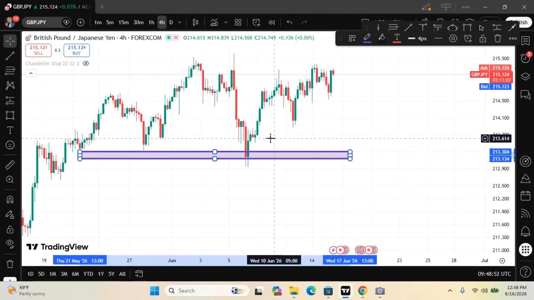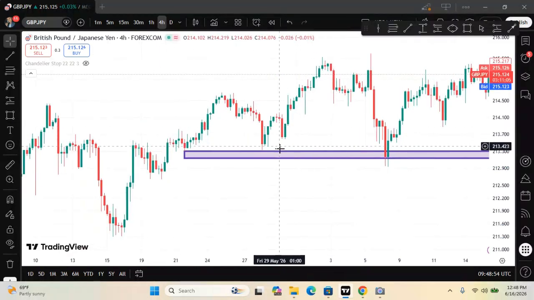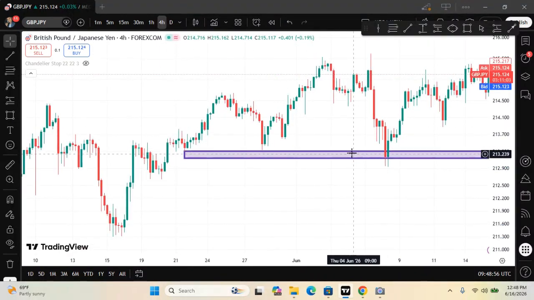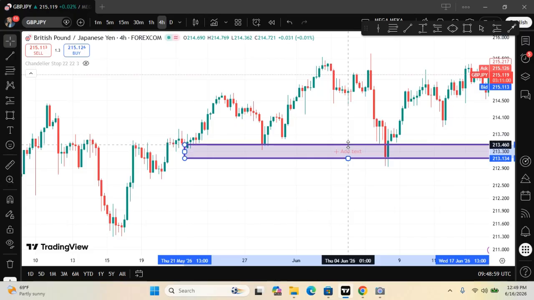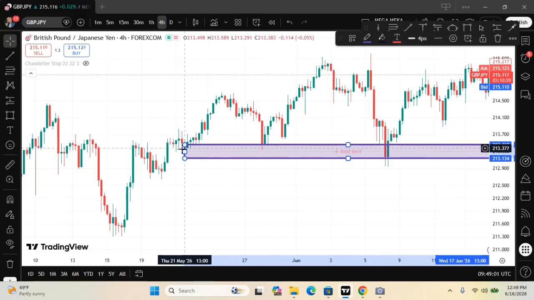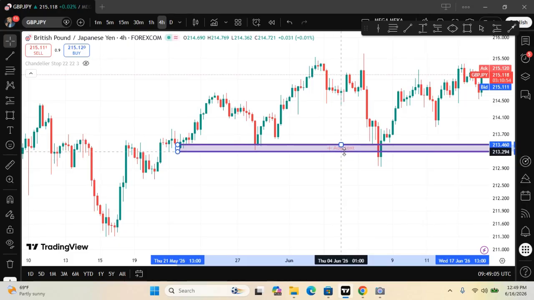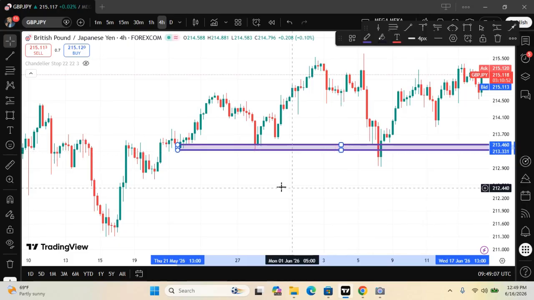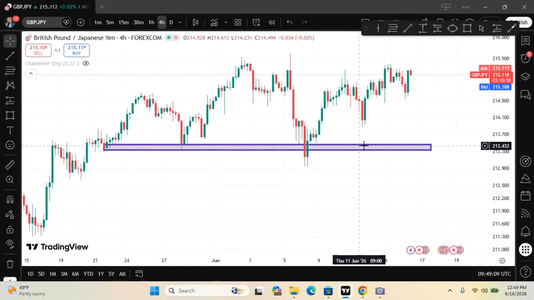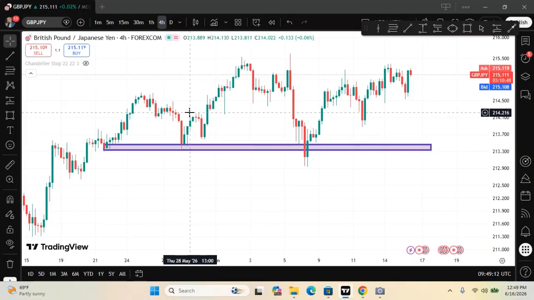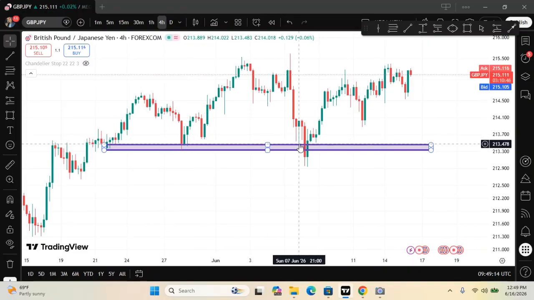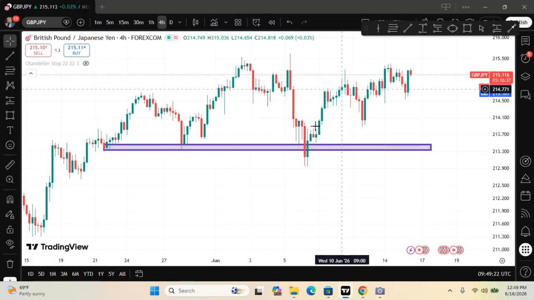I always make sure that it's at the bottom of my body and the bottom of my wick. Can you see how the support is touching it? It comes down and touches it again. And here it broke through a little. Can you see? That's why you don't use lines. Then it went right back up.